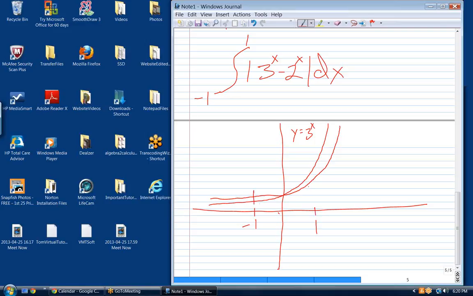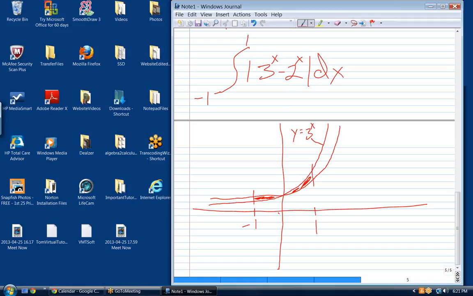So they want the area, and the absolute value takes care of the fact that to the left of the y-axis, the 2 to the x is on top, and to the right of the y-axis, the 3 to the x is on top.